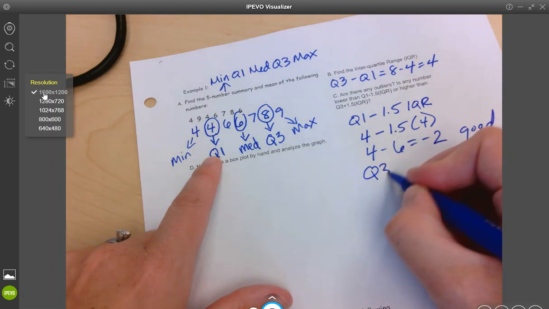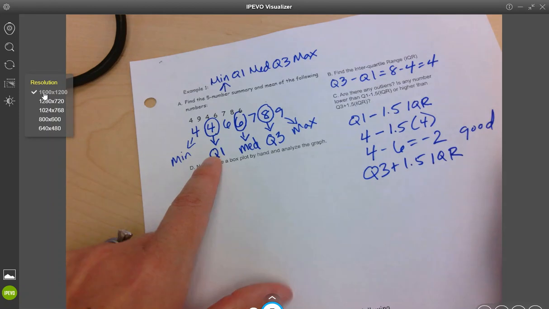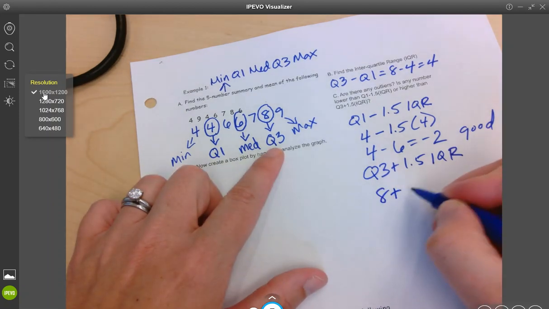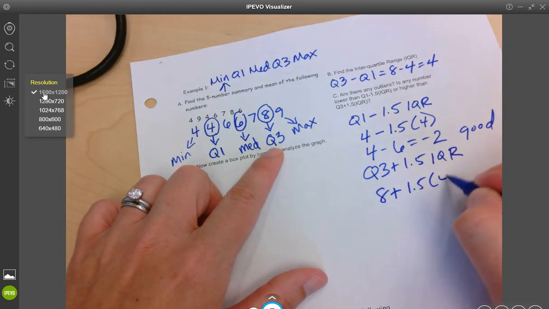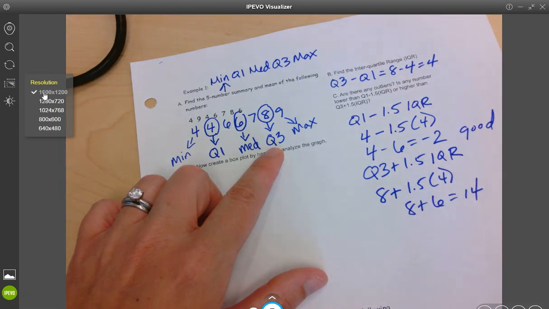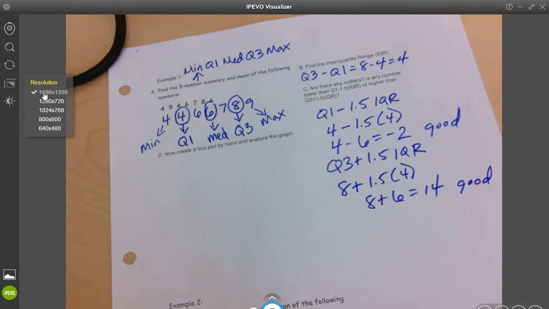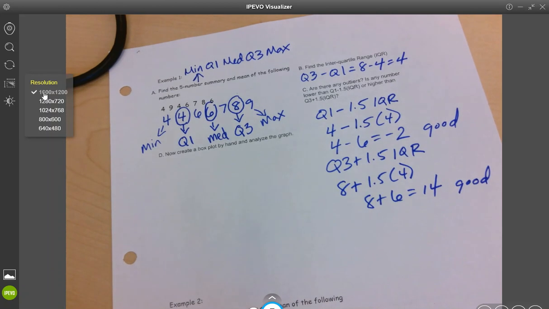And then Q3 plus 1.5 IQR, 8 plus 1.5 times 4, 8 plus 6 is 14. No numbers that are higher than 14, so we're good. All right, questions so far?